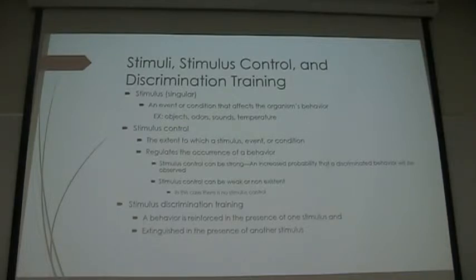We can have behavior that's strongly regulated, strong stimulus control. The behavior is very likely to occur 100% of the time when that stimulus is present. Or we can have a behavior that's not under stimulus control or under very weak stimulus control. Stimulus discrimination training is the procedure that we use to establish stimulus control.